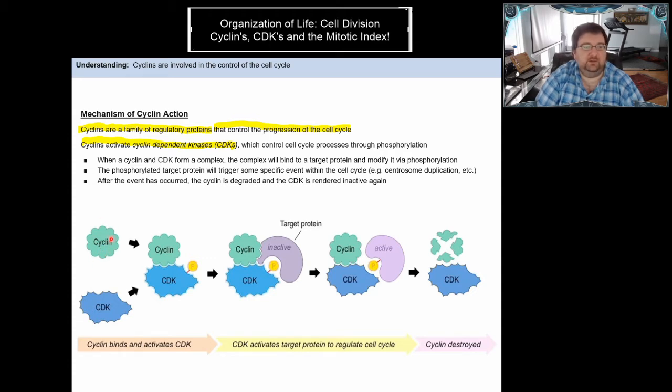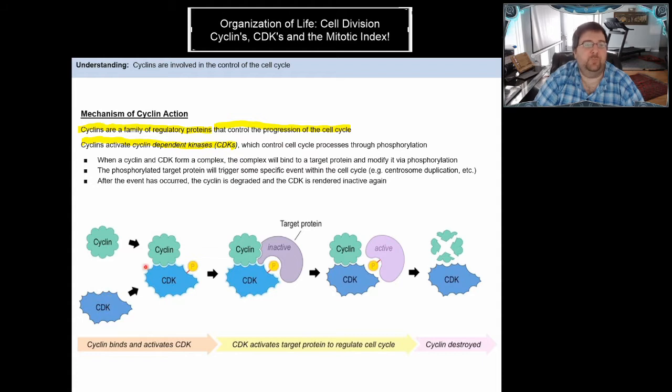You can see the cyclin here, which is a regulatory protein, coming into contact with a cyclin-dependent kinase. One thing to take note of is that there's a whole bunch of different cyclins: cyclin A, B, C, D, E, etc. The same goes for cyclin-dependent kinases.